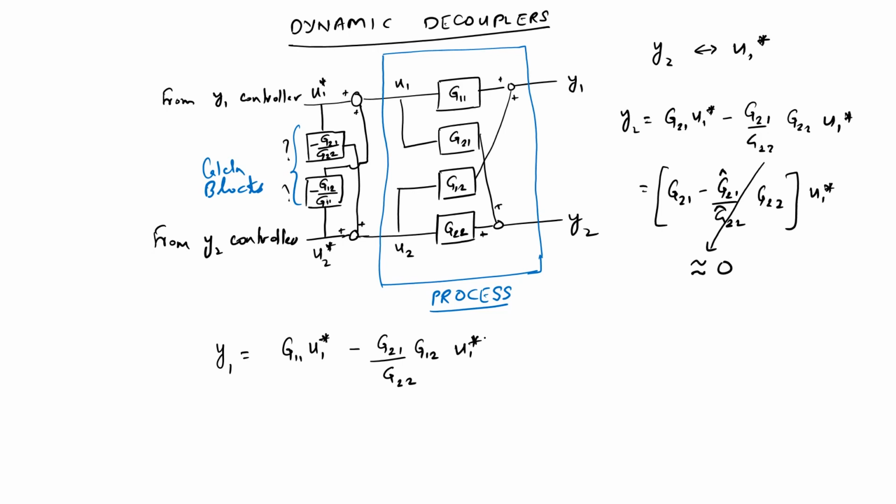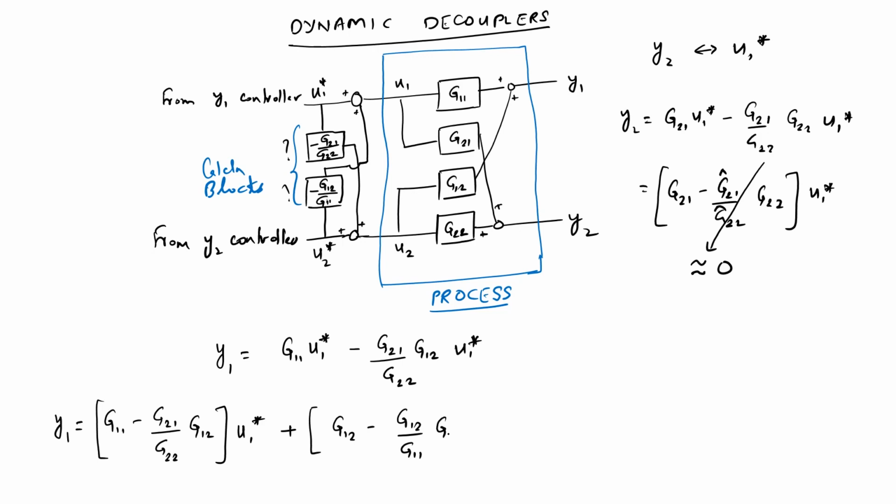So if you look at the relationship of y1, it's actually g11 minus g21 by g22 g12 times u1 star, plus g12 minus g12 by g11 times g11.